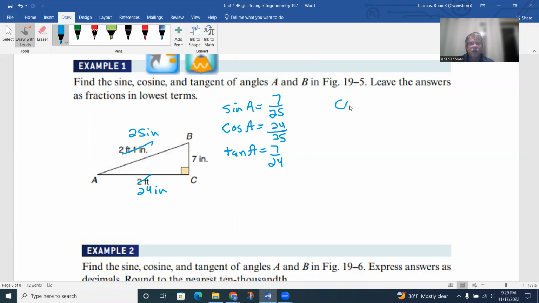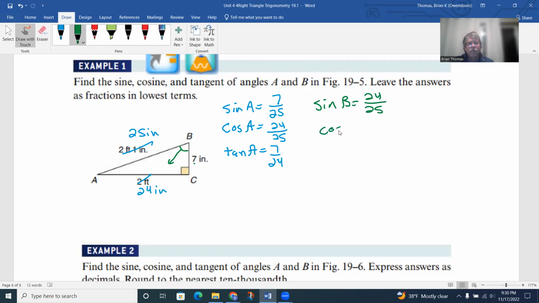Now, if we do the sine of B, I'm getting ahead of myself here. Let's just keep it in order. So if we're doing the sine of B, now we're up here at this angle. Notice now the 24 becomes the opposite and the 7 becomes the adjacent. So the sine of B, the 24 is the opposite, and the 25 is still the hypotenuse.